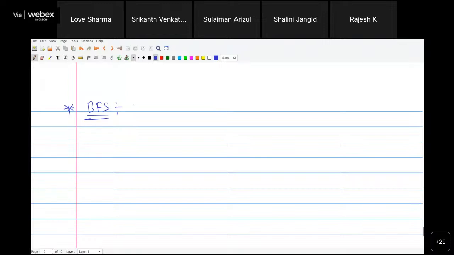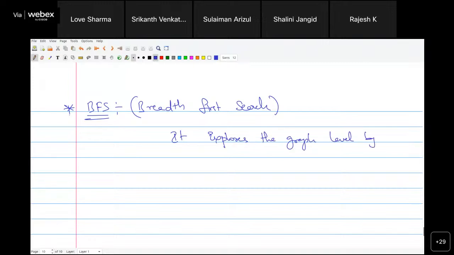BFS is called breadth first search, where BFS explores the graph level by level. What does level by level mean?